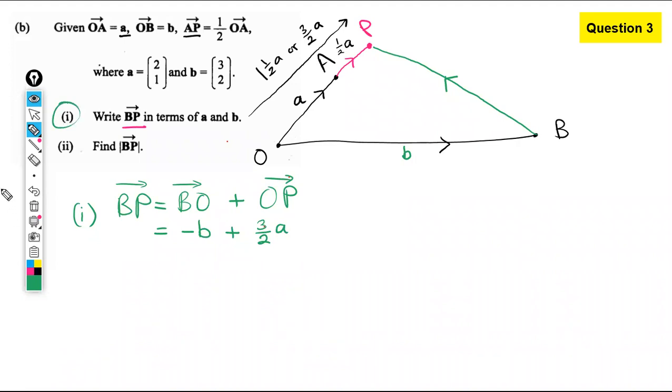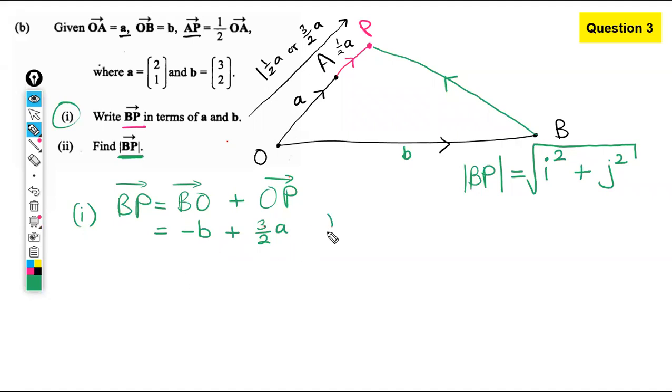For part 2, they gave us values to substitute in. They want us to find the magnitude of BP. In case you cannot remember the magnitude formula, to find the magnitude of a vector, the two straight lines mean magnitude. You take the i value and square it, and take the j value and square it, and then you square root your final answer.